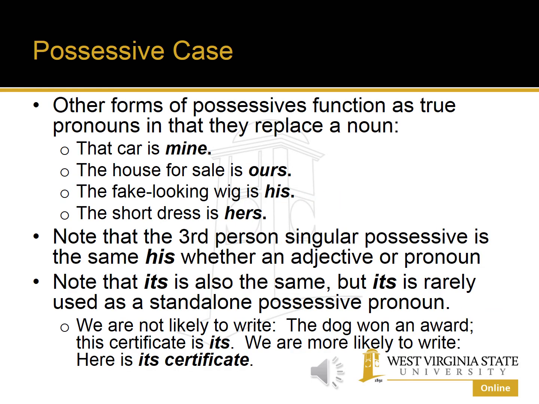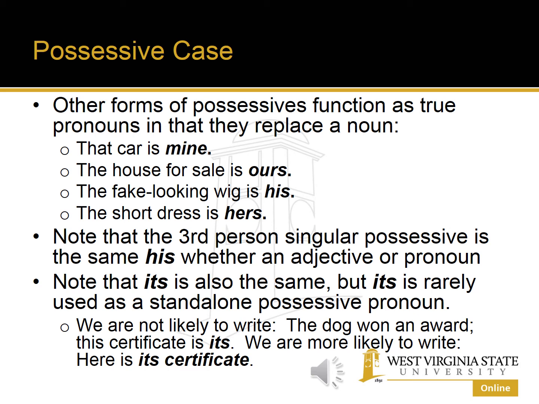As I noted in the previous slide, we have pronoun forms that are functioning as adjectives. But in the possessive case, we also have pronoun forms that function as true pronouns in that they are replacing a noun in the sentence.